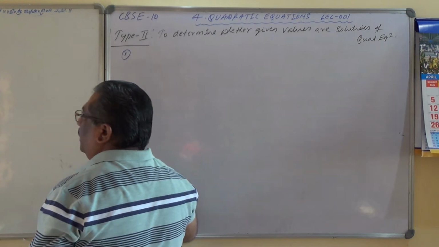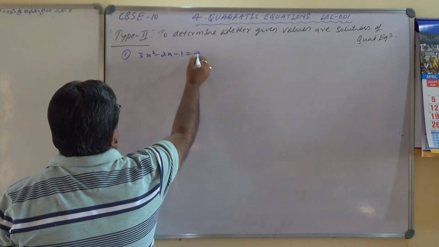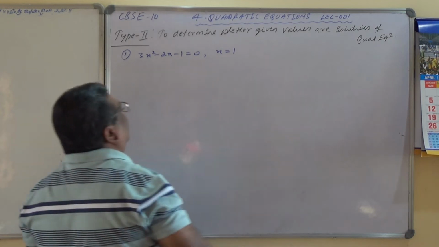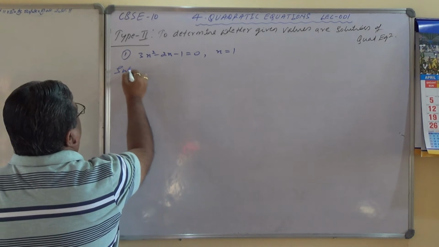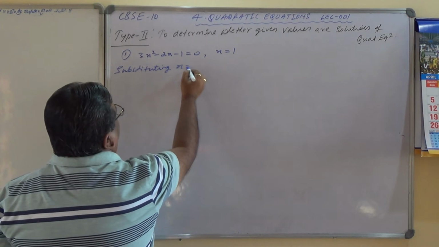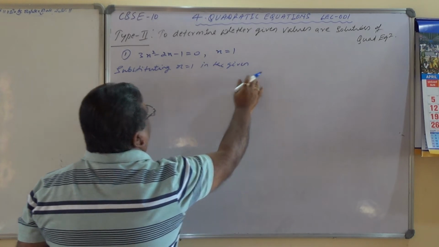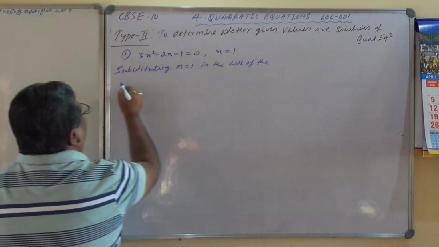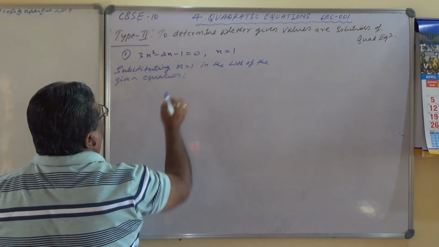First question, 3x square minus 2x minus 1 equals 0, and here he has asked to check whether x equals 1 is the solution or not. Substituting x equals 1 in the LHS of the given equation, what we have to do?